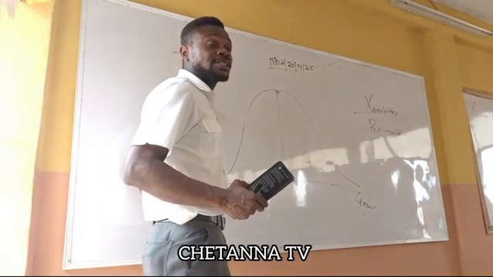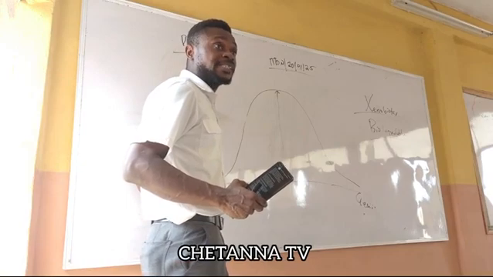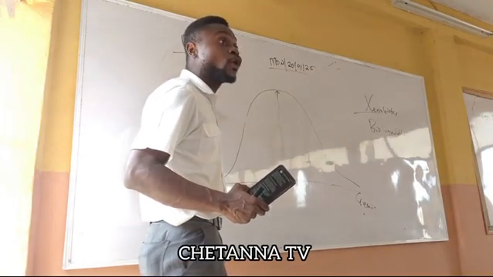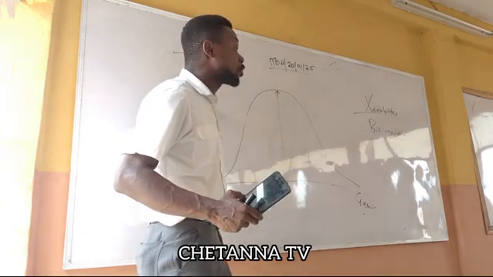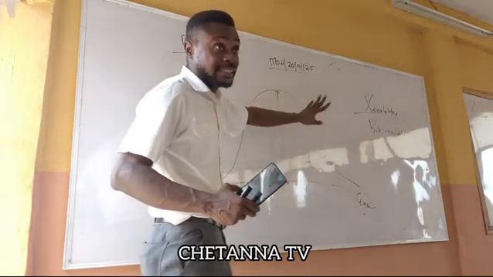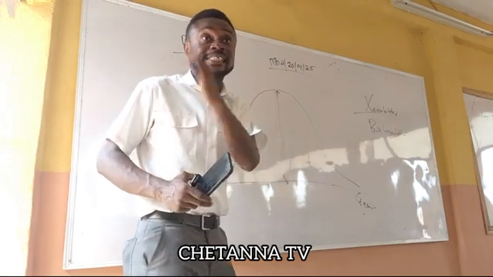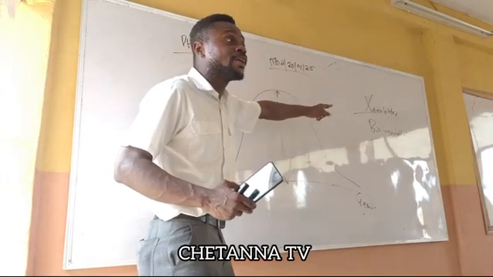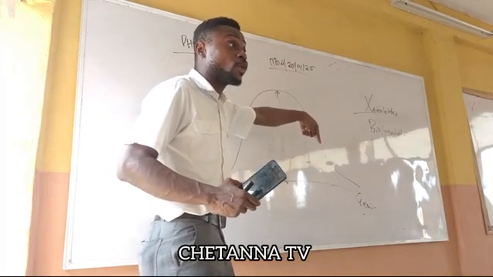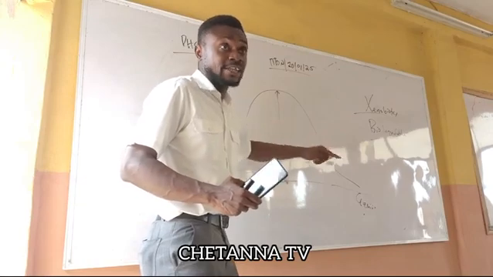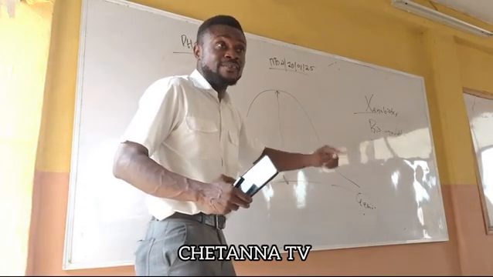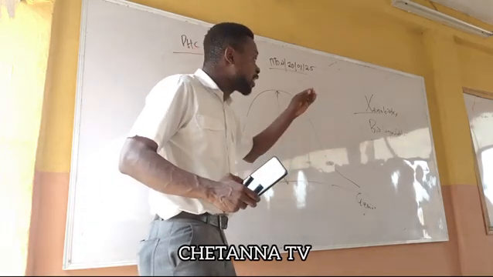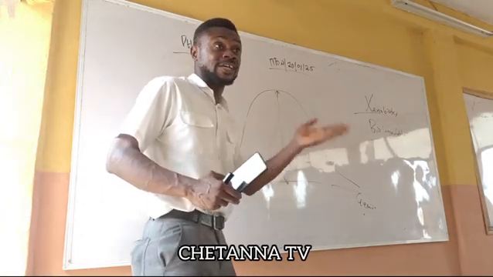I said that drugs need to act and leave the system because they are what? Xenobiotics. They should act and leave the system. After metabolism, if they don't leave the system, they will remain there and become toxic to the system. The liver will metabolize, but the kidney mainly excretes or eliminates.